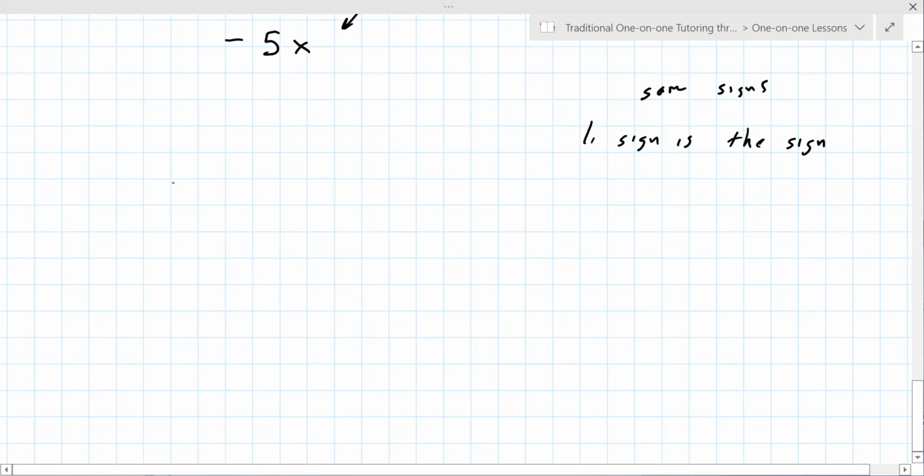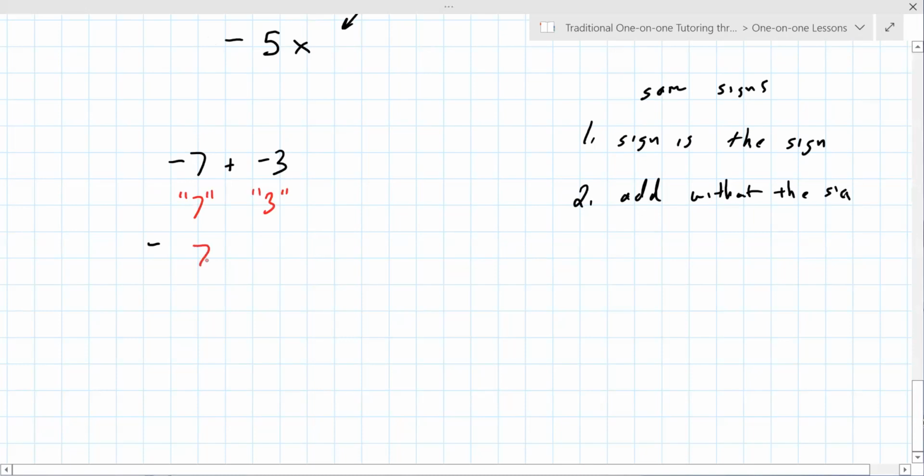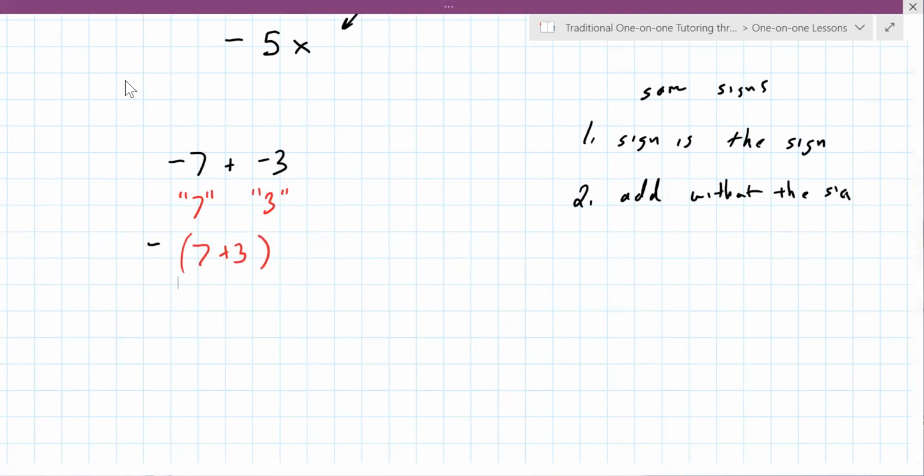So if it's like -7 plus -3, we already know the answer is negative, and then you add the numbers together without the sign. I'll do it in some colors here because I think that could be useful when you look at it later on. Again, you treat that as 7, you treat that as 3. 7 plus 3 is 10. So the answer is -10.